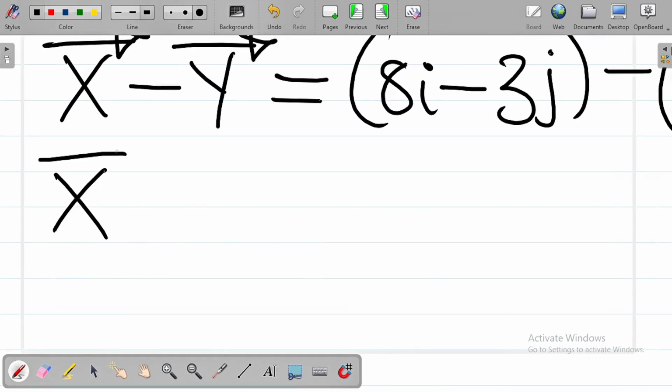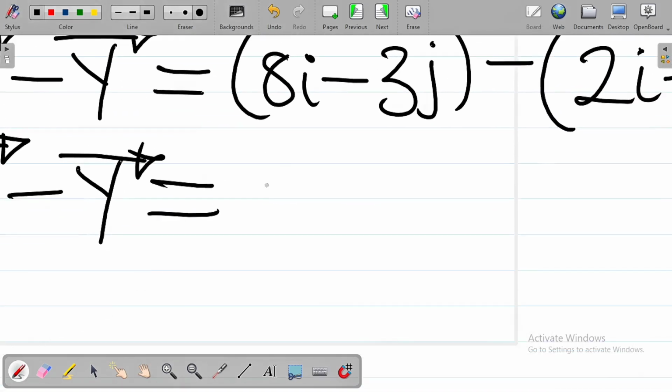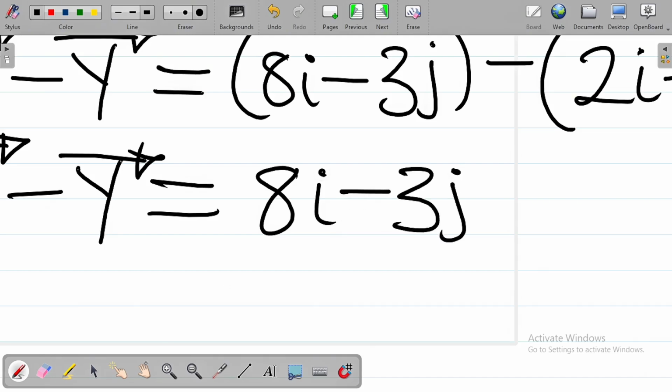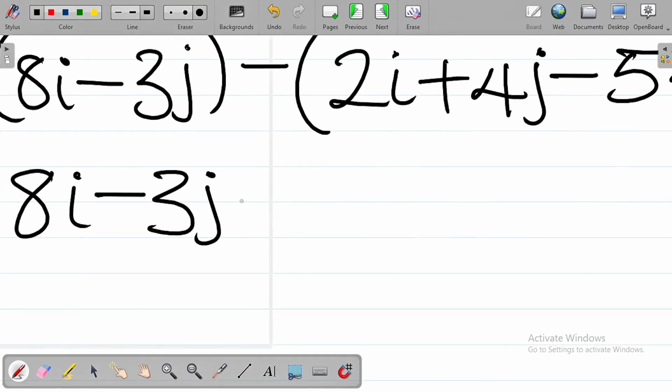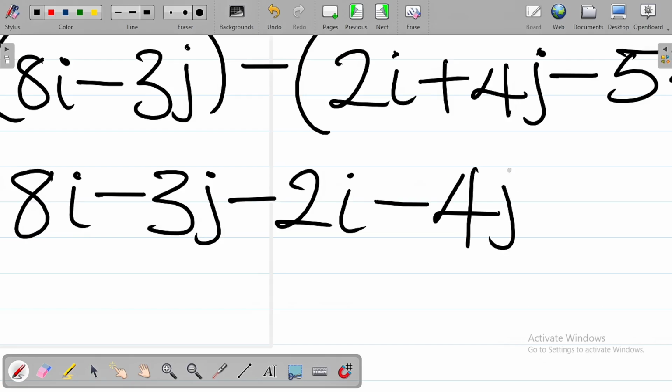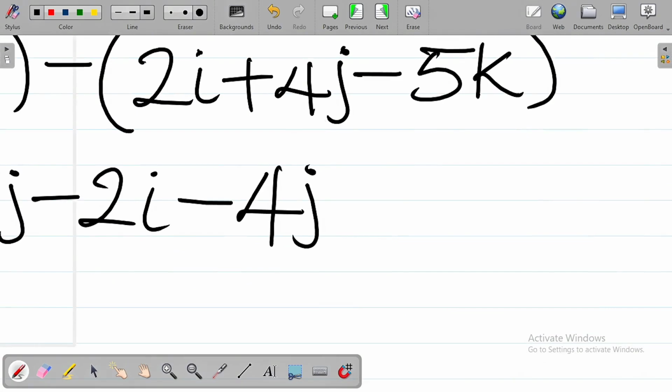So we have here vector x minus vector y is equal to, our next task is to open up the bracket. So we have 8i minus 3j. All right, so we are going to use the negative sign to multiply each term in the bracket. So we have minus 2i. Negative multiplies positive, it becomes negative. So minus 4j. And then negative multiplies negative, it becomes positive. So we have plus 5k.